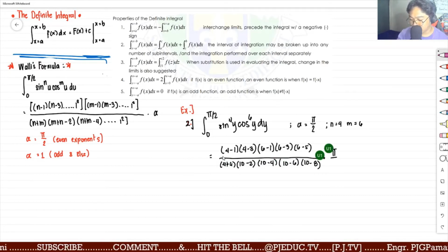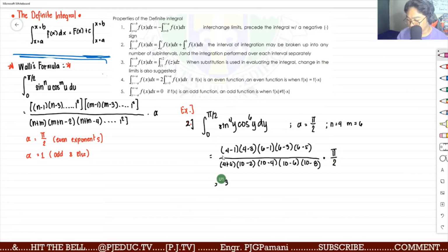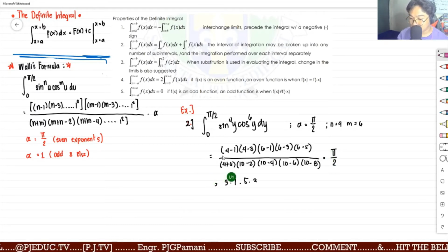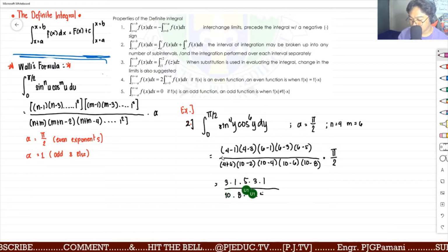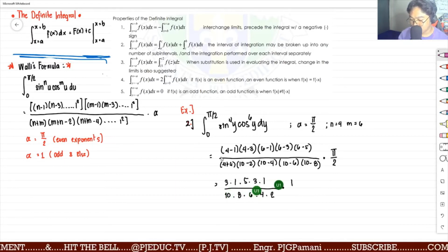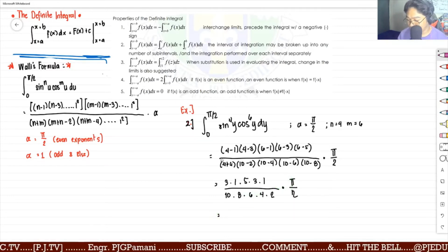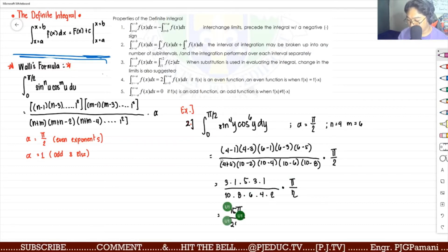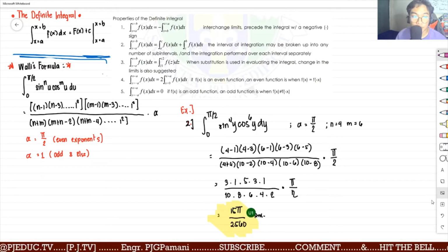Multiply by pi over 2, which is now equal to 3 times 1 times 5 times 3 times 1 over 10 times 8 times 6 times 4 times 2 multiply by pi over 2, which gives us final answer of 15 pi over 2560. So, eto na ngayon yung ating final answer for this problem.